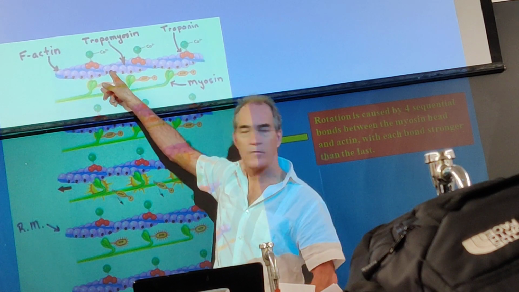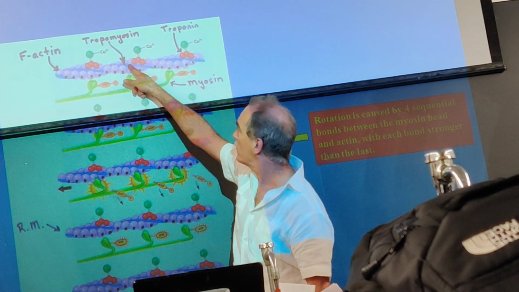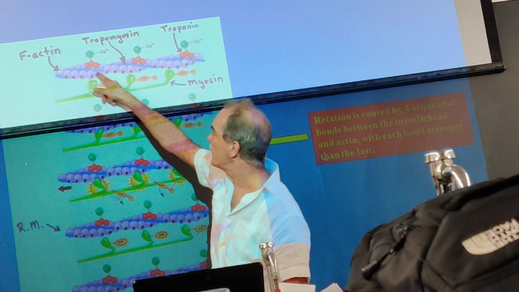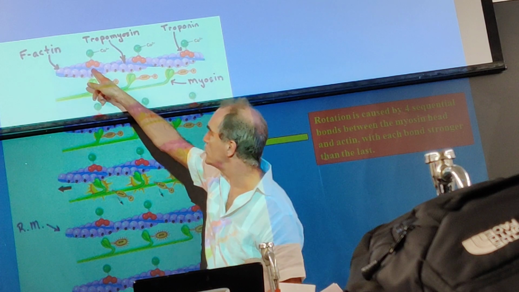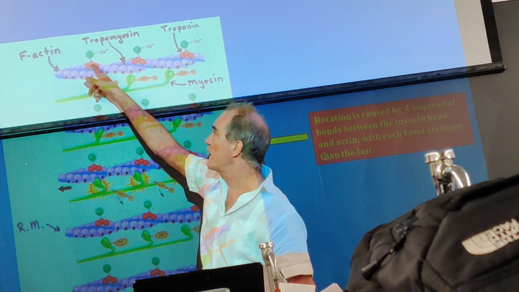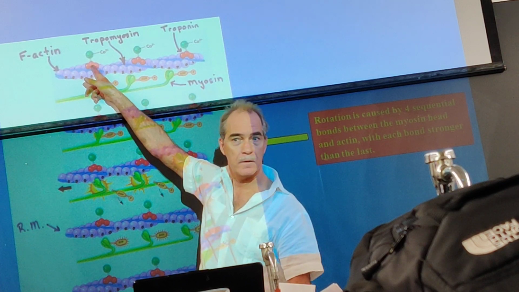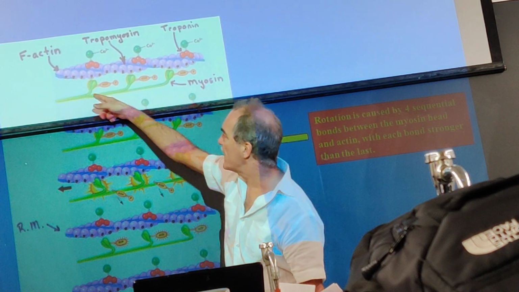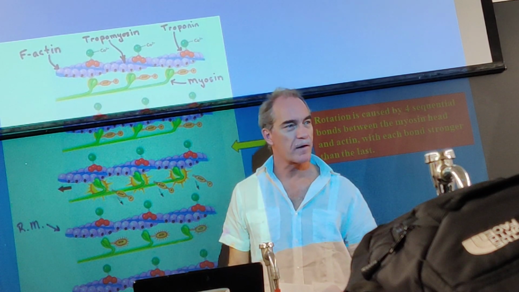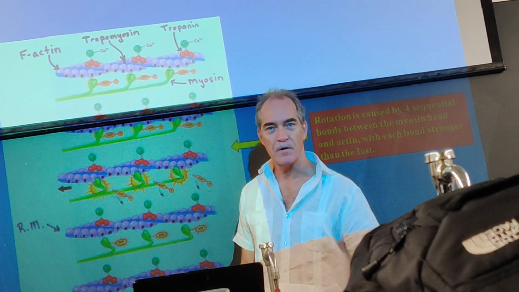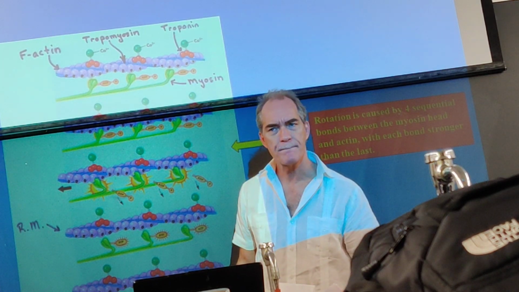F-actin, the double-stranded pearls, is in a nice purple. Tropomyosin is a darker purple, right there. And then for some reason, troponin is a bright cherry red. And then the calcium ion that's binding to troponin is a nice green color there. And then finally, the myosin with the myosin heads is kind of a lime green, very colorful. Sorry, we don't have color, but you see all the parts though, right?